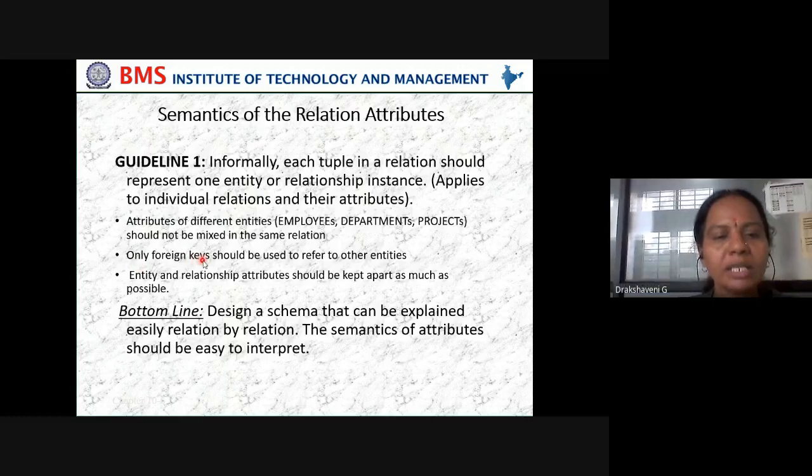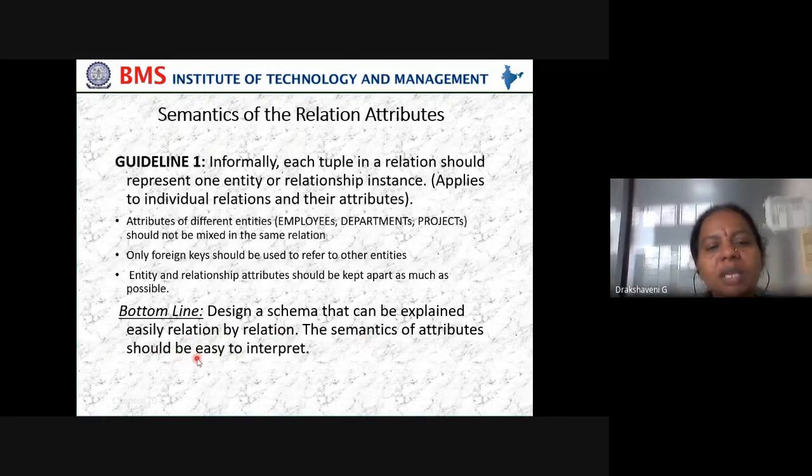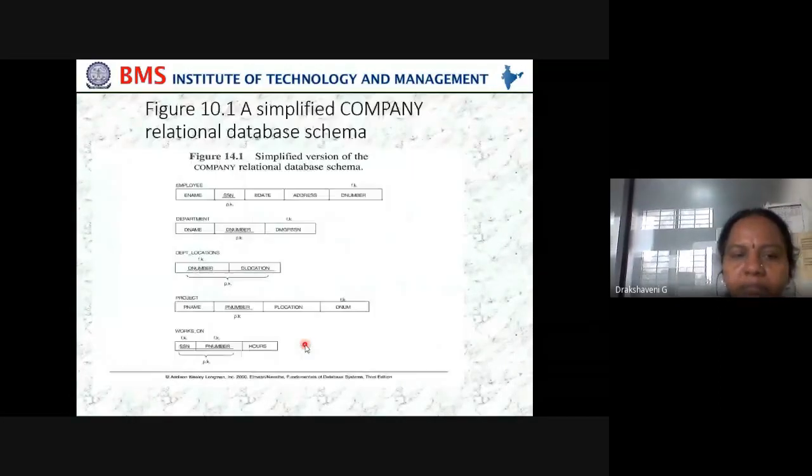Only foreign keys should be used to refer to other entities. Entity and relationship attributes should be kept apart as much as possible. Bottom line: design a schema that can be explained easily relation by relation. The semantics of the attributes should be easy to interpret.